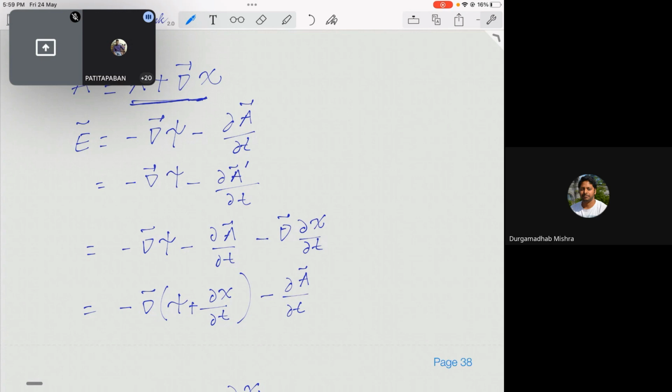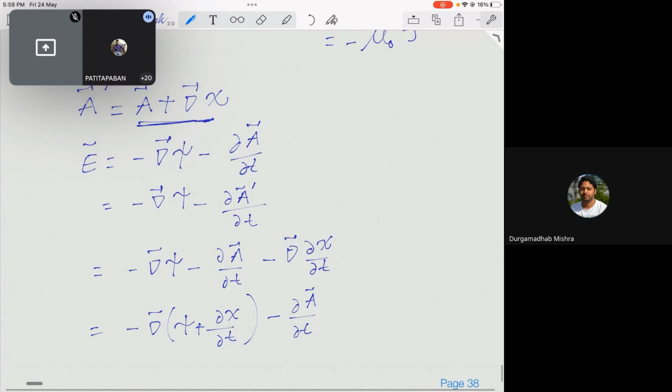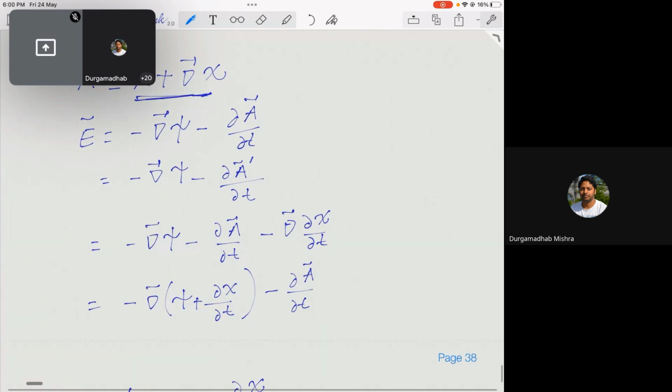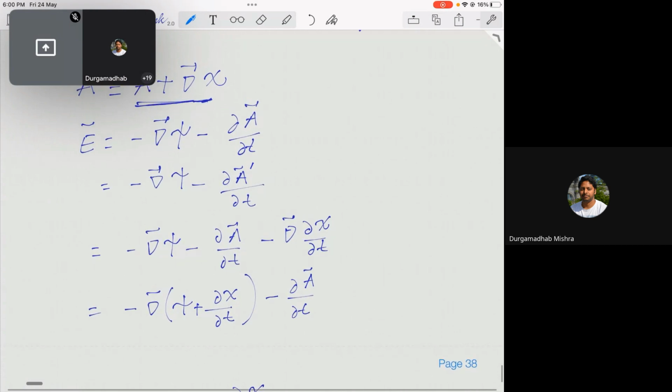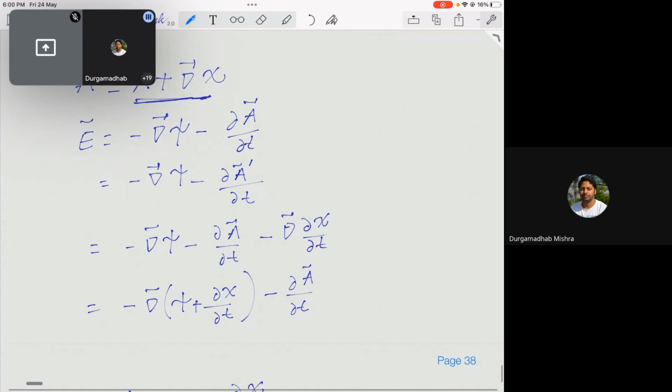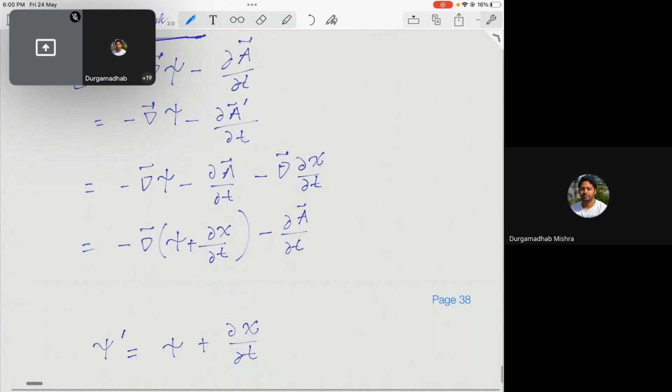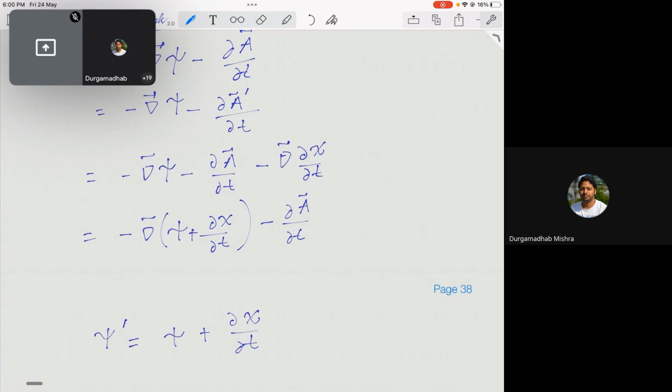For that, we have del A prime by del T. So this is minus del A by del T, minus, this is a minus term. So this is minus a gradient psi plus psi prime.